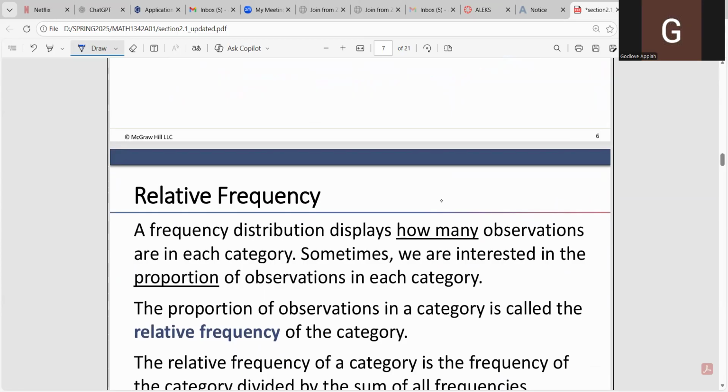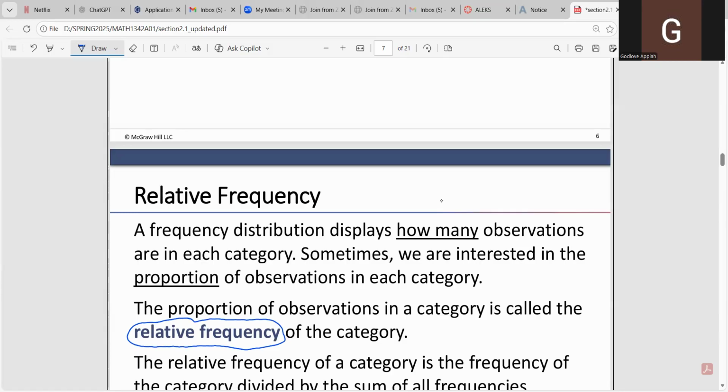Sometimes we are interested in the proportion of observations in each category. The proportion of observations in a category is what we call relative frequency. So the relative frequency will simply tell us the percentage or the proportion of observations in the data set that will fall within a category.